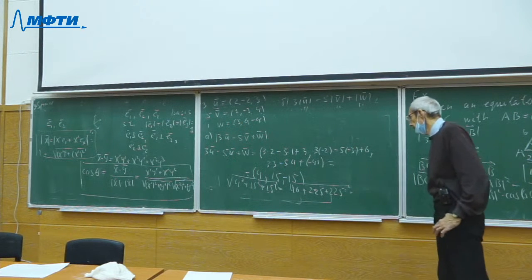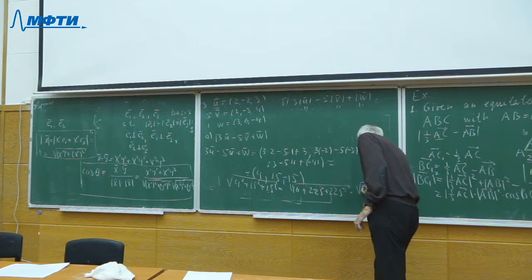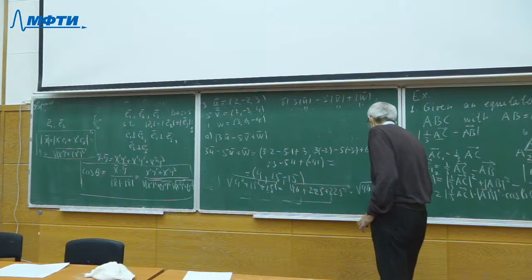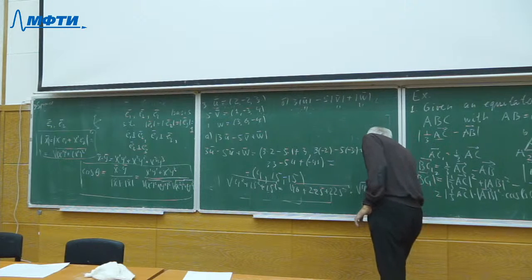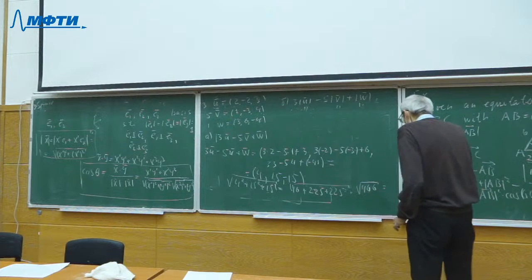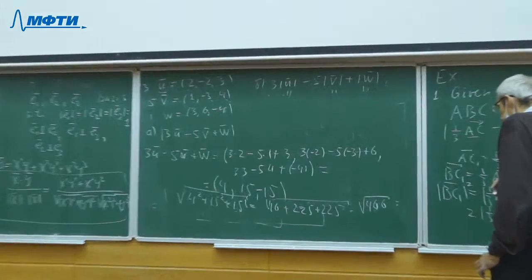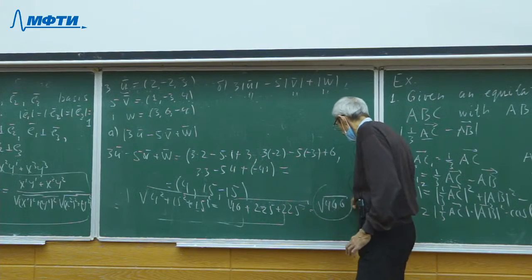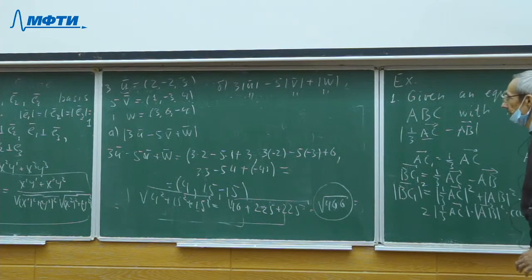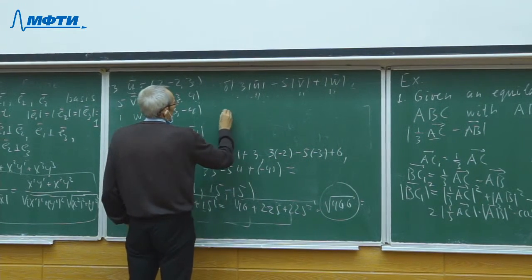And after the simple calculation, we obtain the square root of 466. This is the length of this vector.